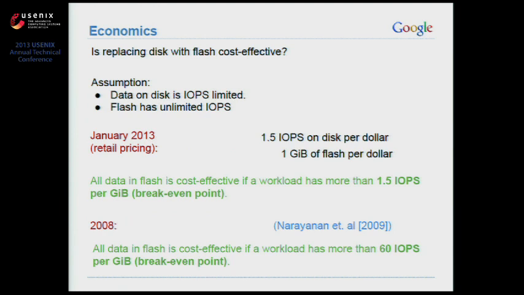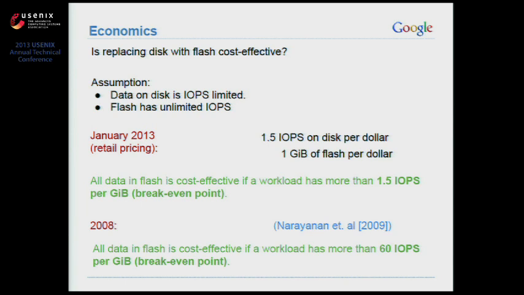Here, some insights into the economics. We assume that data on disk is IOPS limited, and flash has basically unlimited IOPS. This is practical for our systems and our workloads. So if we go to a store somewhere in January this year, you can buy maybe a 100 terabyte disk drive, which has 150 IOPS per second.